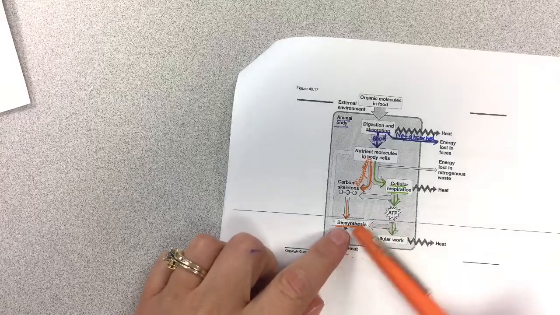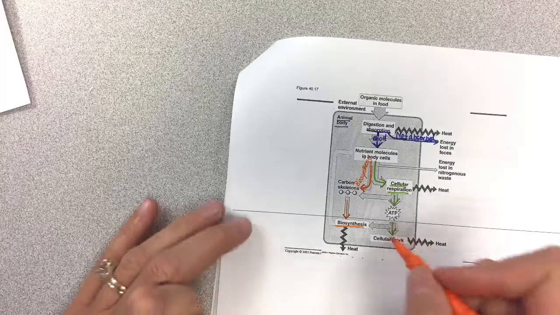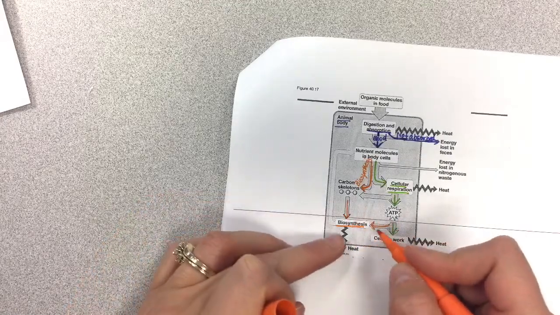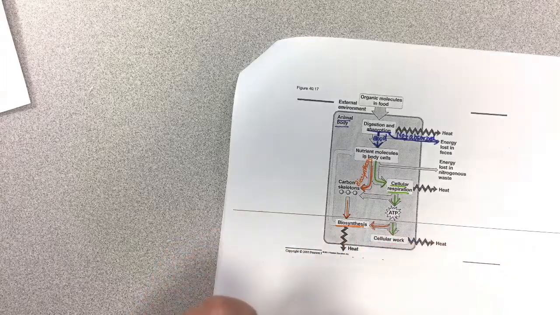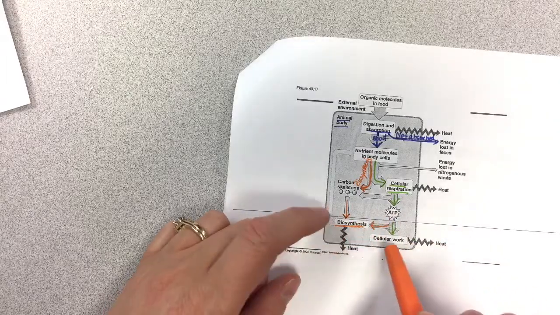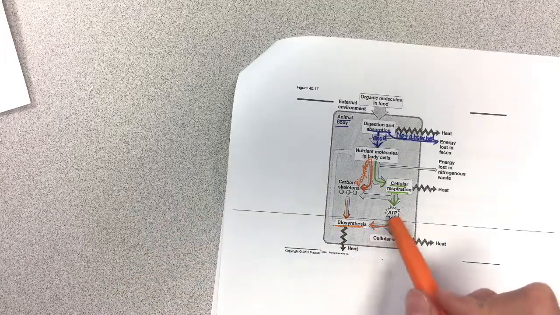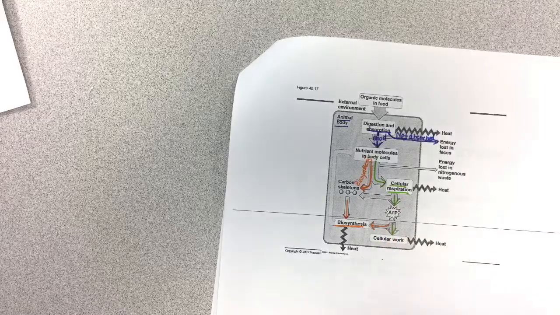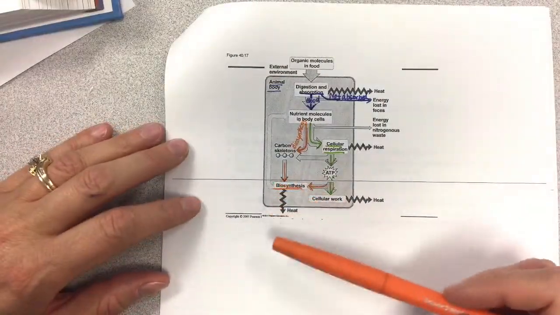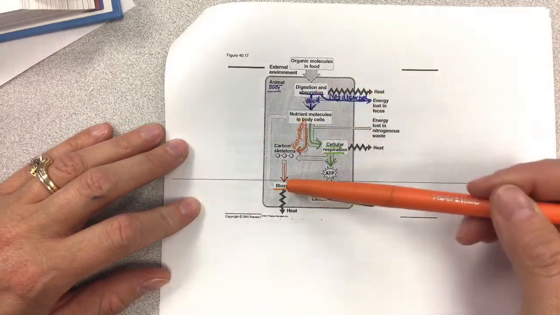Now sometimes in biosynthesis, look at here, ATP comes over here. So ATP is actually used in biosynthesis because when we're making molecules, ATP is often needed for energy. So some of that energy is used to actually make molecules, in addition to doing cellular work. And then the molecules in biosynthesis, that process can release heat as well. So we have heat being lost.